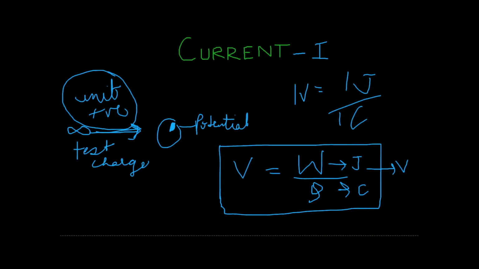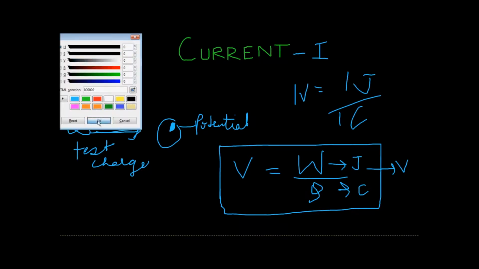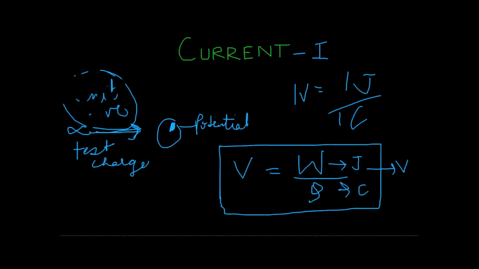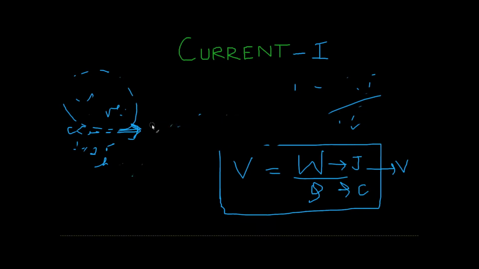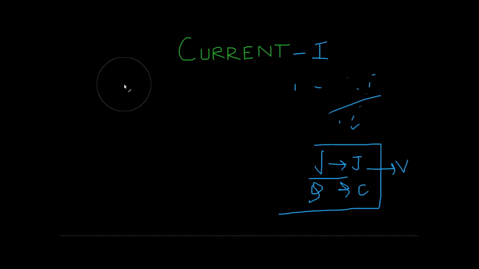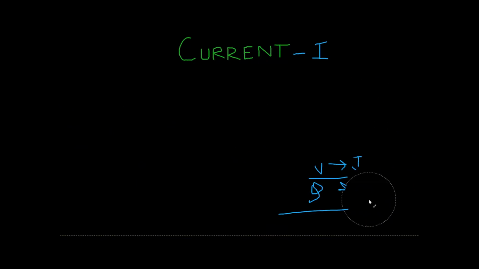Now, when I'm done with potential, I'm going to be moving on to potential difference. Again, guys, something that I can't really explain. You've got to do it yourself. However, let's try and understand what potential difference actually means. So, guys, potential difference exists between 2 points, and the definition goes something like this: potential difference between 2 points is defined as the work done in moving a unit positive charge, which is also known as a test charge, from one point to another.